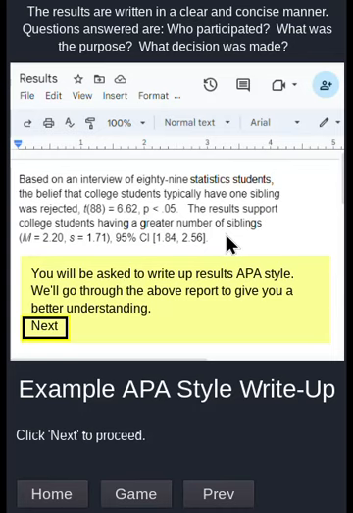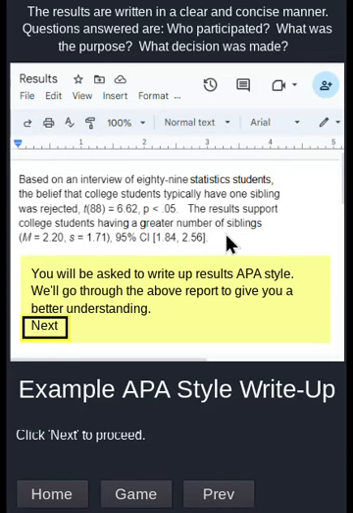It reads, based on an interview of 89 statistics students, the belief that college students typically have one sibling was rejected, t(88) = 6.62, p < 0.05.